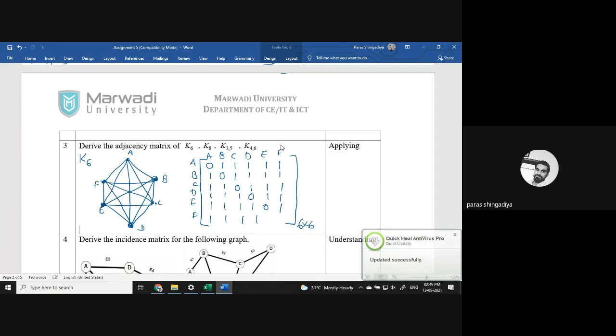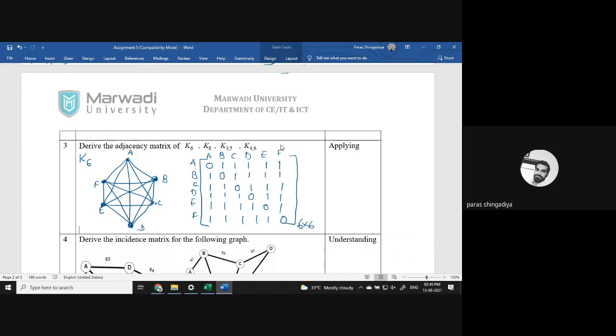And for last, F to F is 0 and the rest of all entries are 1. Here no loop, so this principal diagonal will be 0 and the rest of all entries will be 1. Why is it 1? Because every vertex is connected to each other. Each vertex is connected with all the 5 vertices. So therefore you will get this answer.